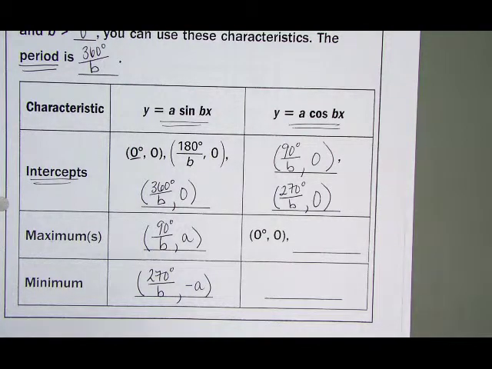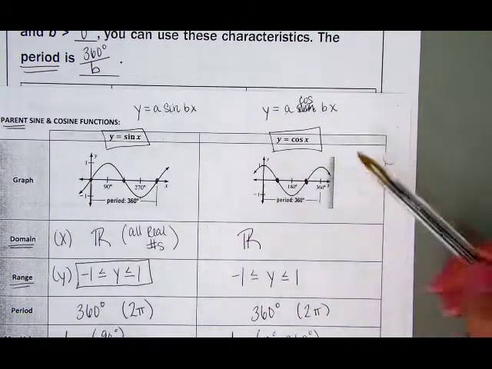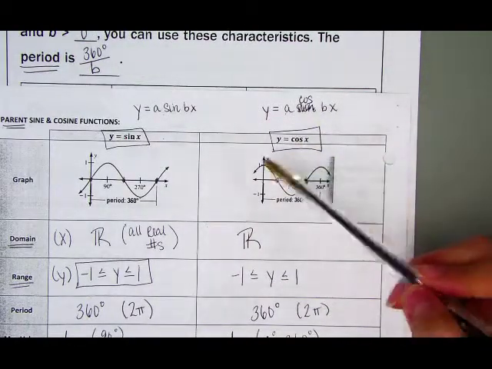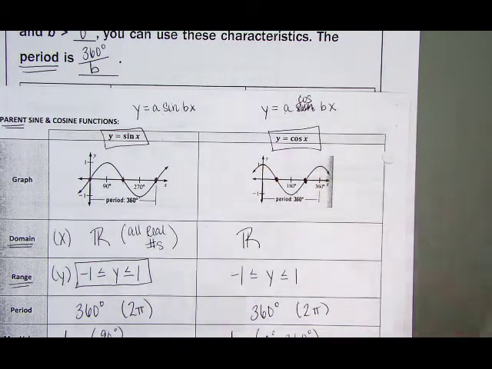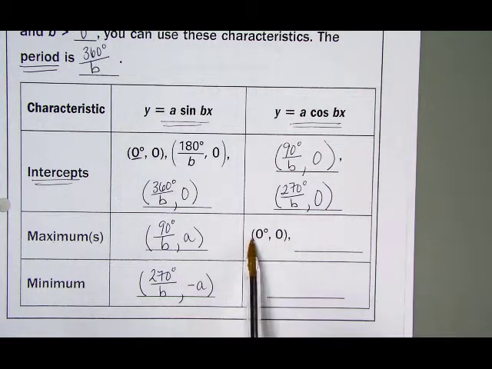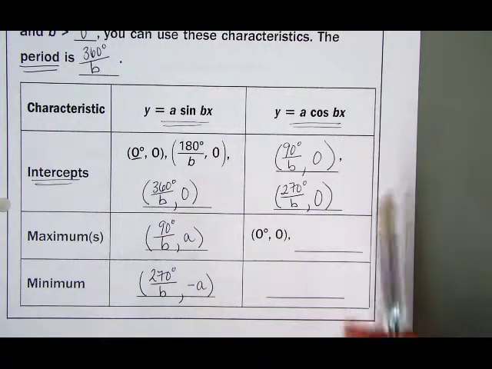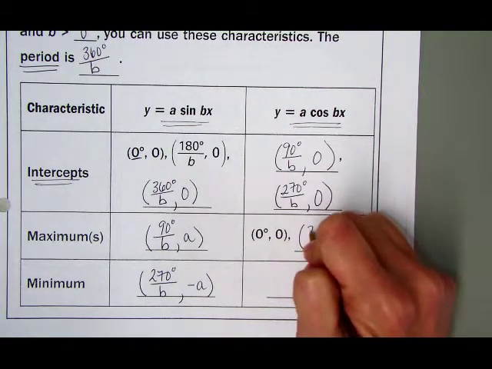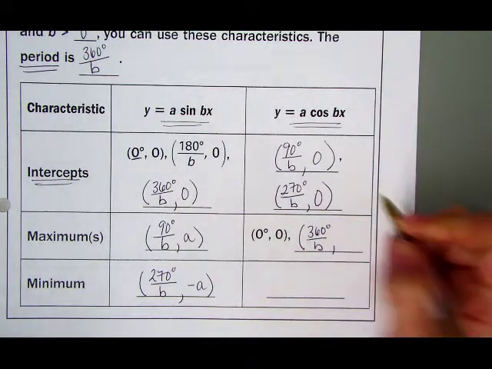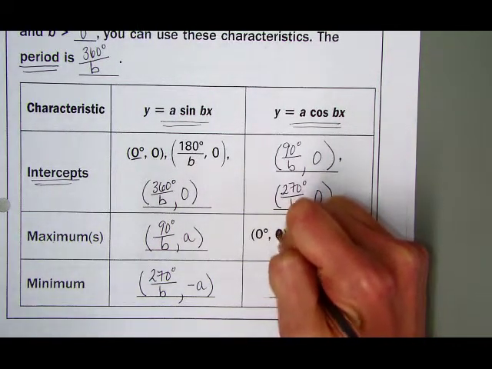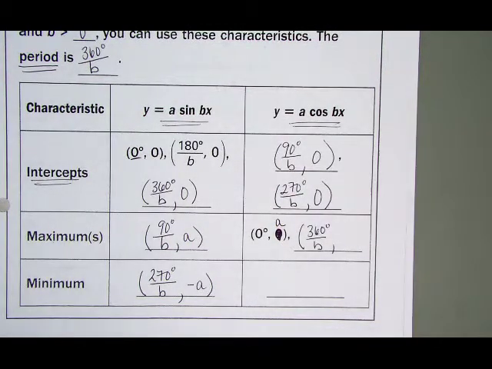Same thing for cosine. If you look at your cosine graph, back over here, our cosine has 2 maximums, at 0 degrees and 360 degrees. So again, 0 degrees divided by b, and 360 degrees divided by b. The y value here should not be 0. This should actually be a, because it's our maximum.